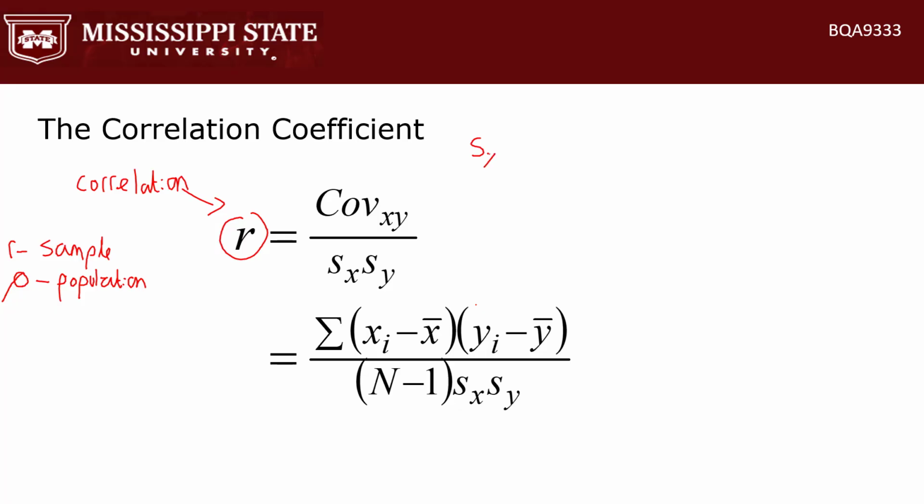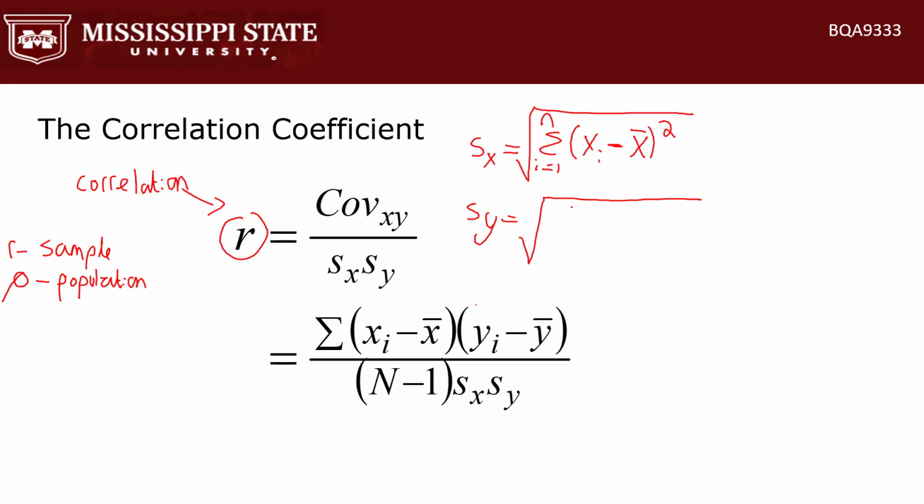So we have sx equals the sum from i equals 1 to n, and sy equals, and everything under here is divided by n minus 1.